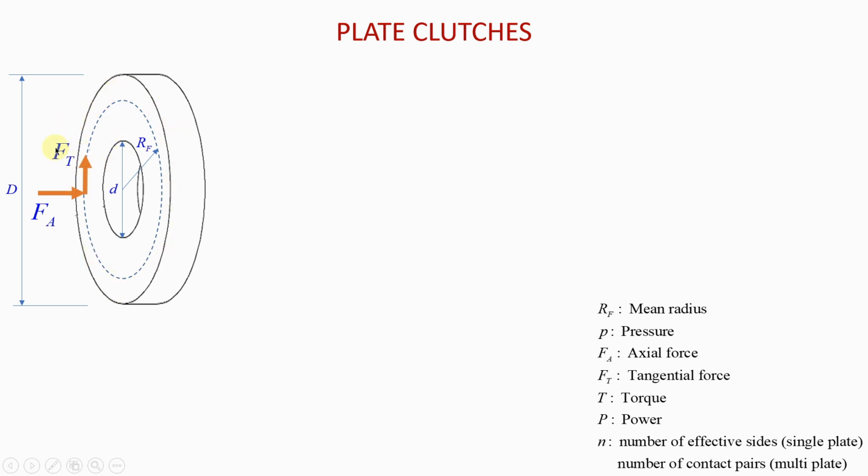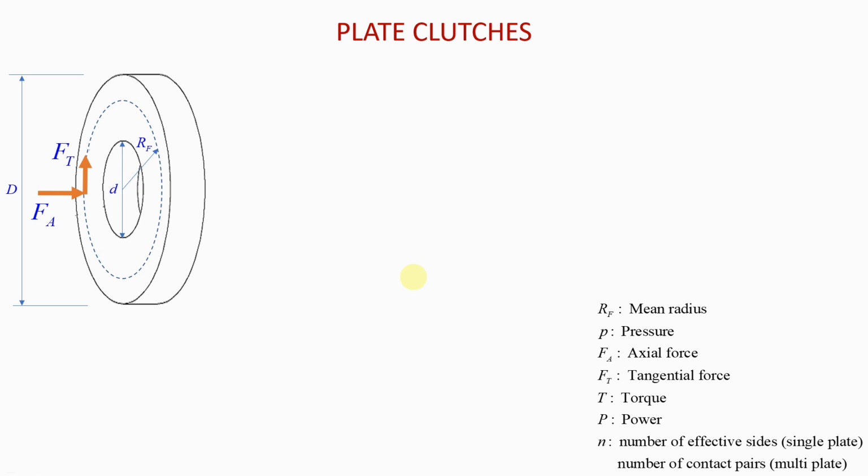As you can see, the direction of the tangential force will cause this plate clutch to actually rotate like this. It's because of the tangential force that you have torque, and you can find this tangential force using an equation that relates it to the axial force. The axial force is the force that is acting in this direction, and for the plate clutch, it is the force that actually causes it to get engaged.